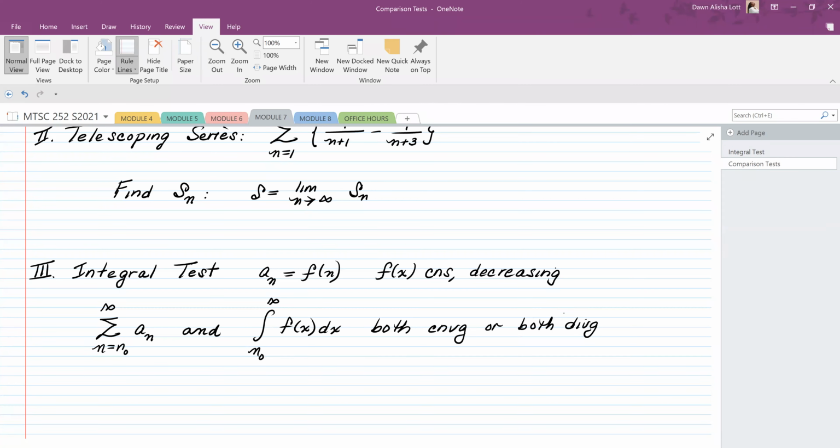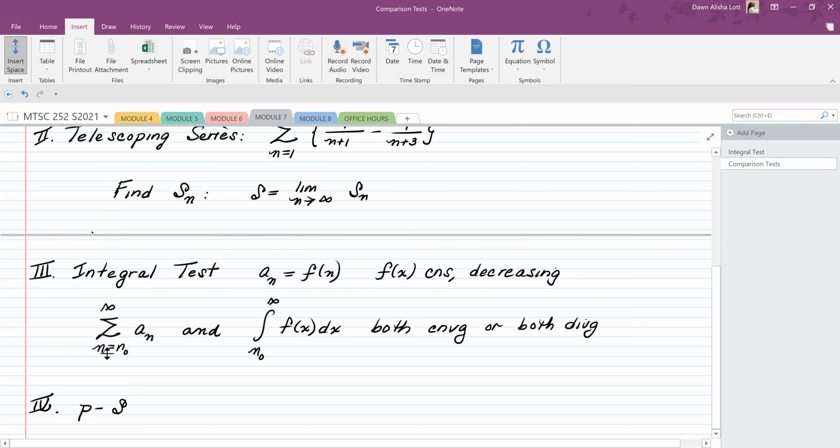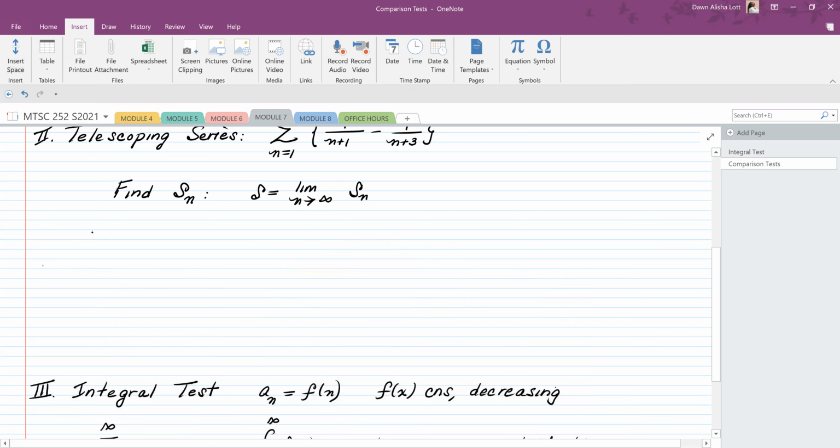Then we looked at p-series tests. Oh, I think we did the nth term test of divergence. I think I skipped that one. The nth term test of divergence.